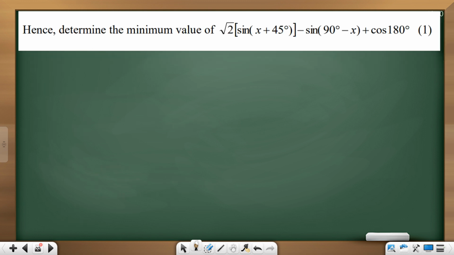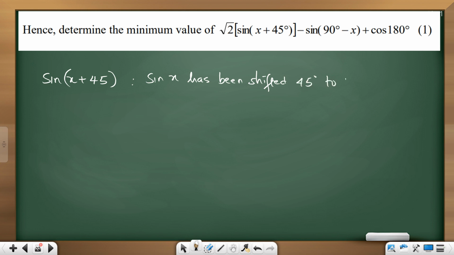Oh, determine the minimum. Now we're looking at graphs. Guys, quickly. If I tell you sine x plus 45, do you know what has happened here? Sine x has been shifted 45 what?